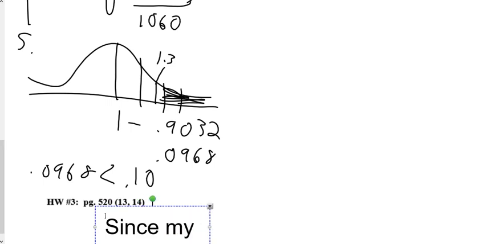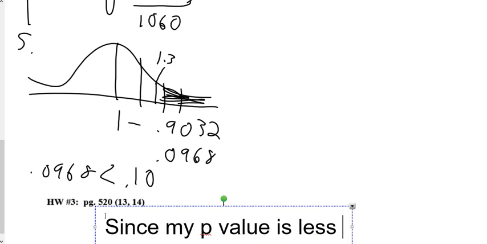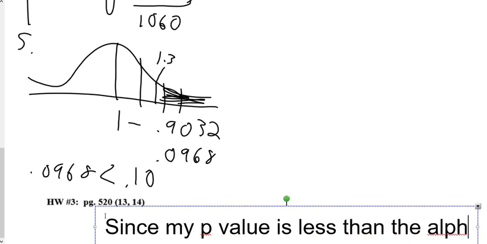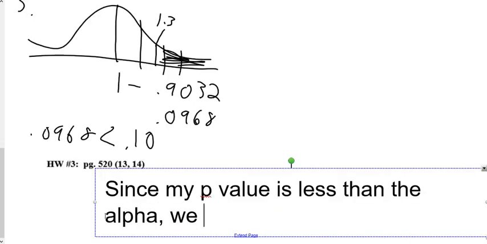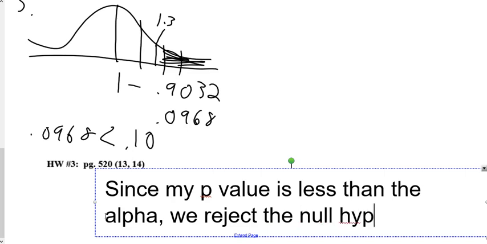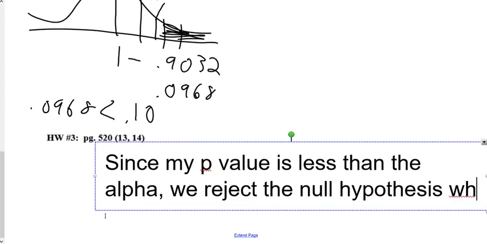Since my p-value is less than the alpha, we reject the H0, or the null hypothesis. If you say the null, the H0, I don't care. You can write that too. No, because we're not in middle school.